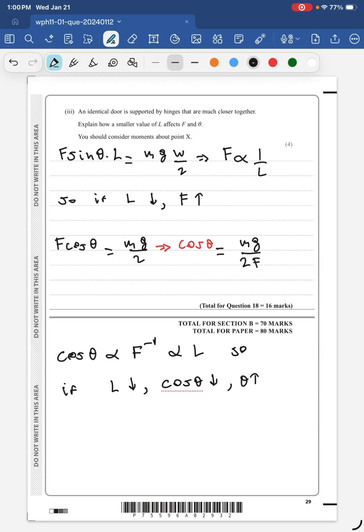Let me quickly check with my calculator. Yes. Okay. So theta increases, and that's the answer.